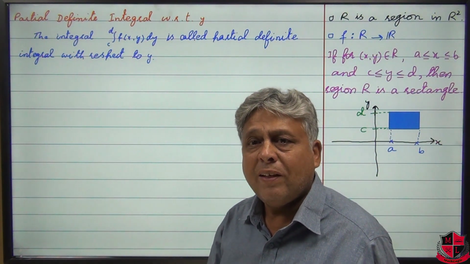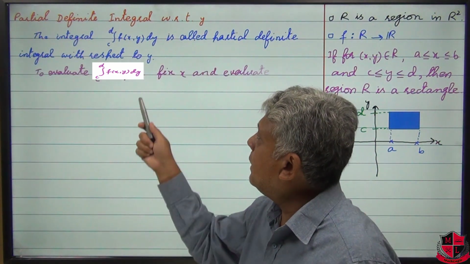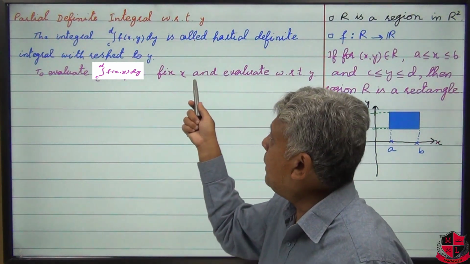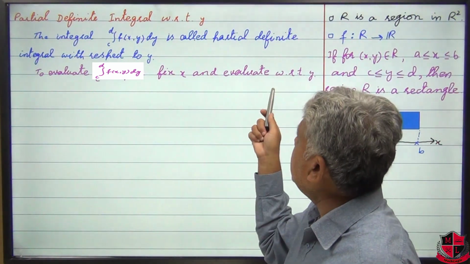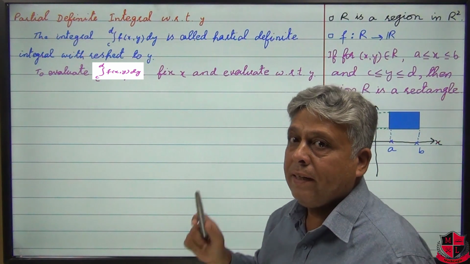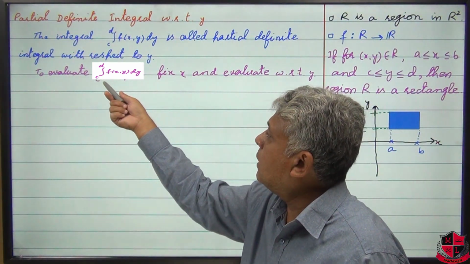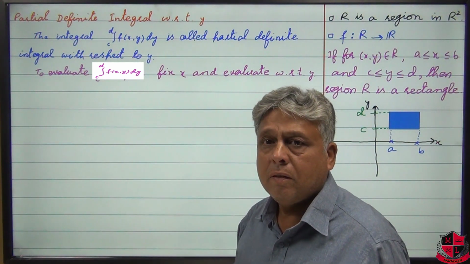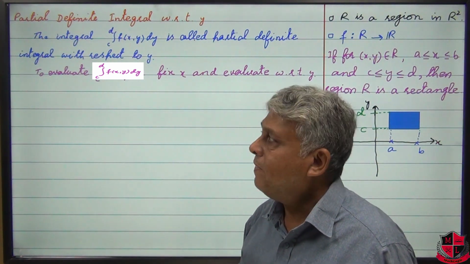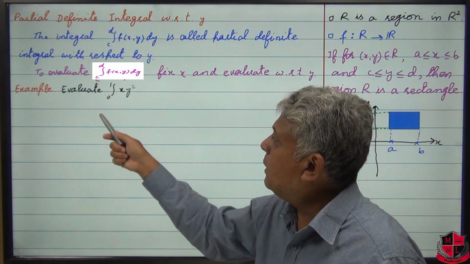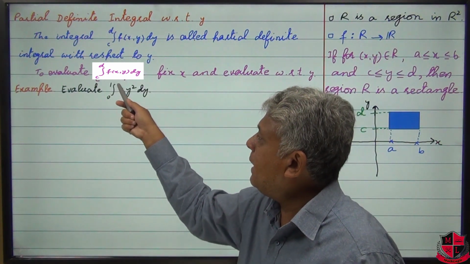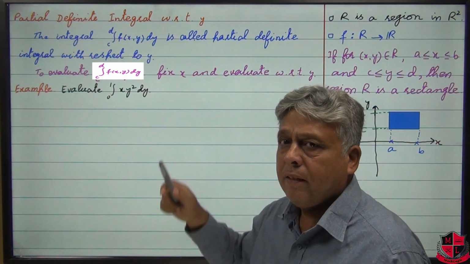How shall we evaluate this integral? To evaluate this integral, keep x constant and integrate with respect to y as an ordinary integral, and then use the limits of the integration. Let's solve an example. Evaluate the integral from 0 to 1 of x y square dy.